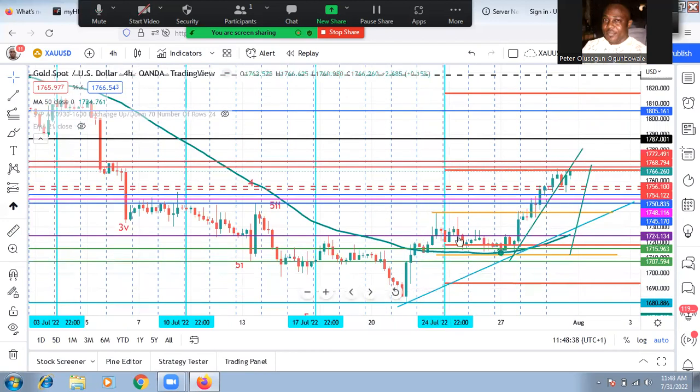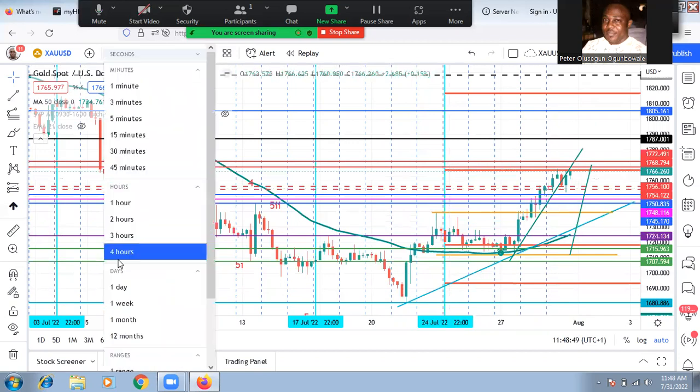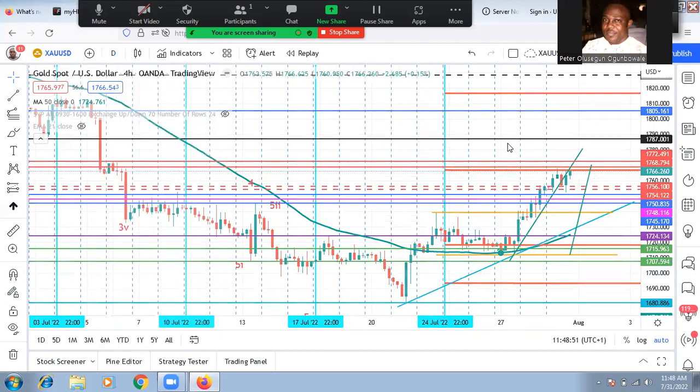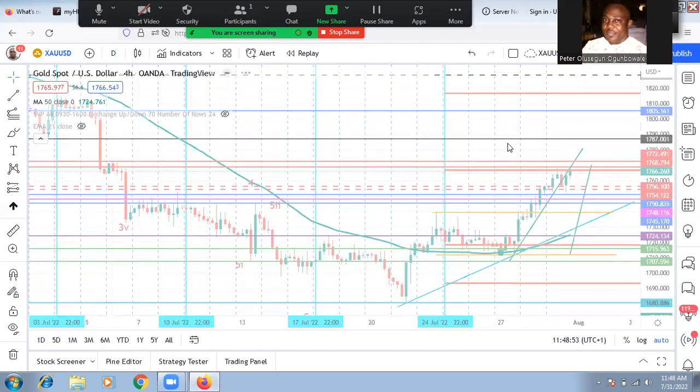The gold seems to have broken out of this structure, and we are seeing all funny things happening around this area. Now let's look at gold on the daily time frame to see what may happen to gold.